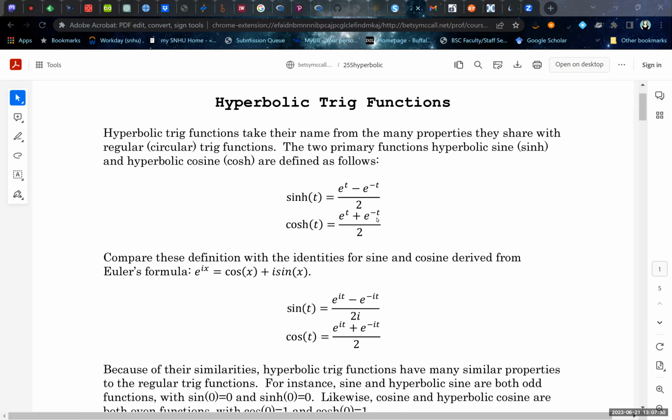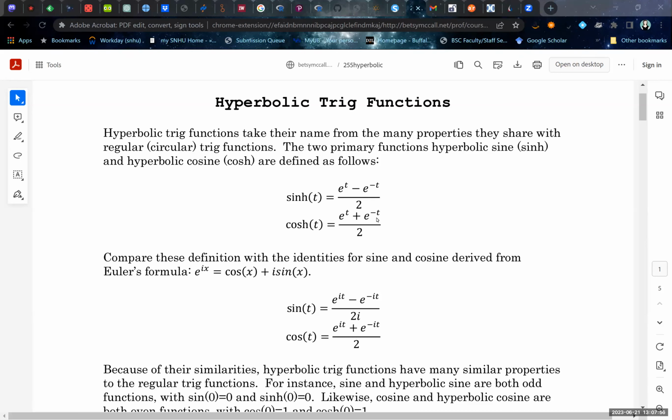Regular trig functions are defined in terms of complex exponentials, essentially Euler's formula, which is, again, something that you may not have run into in calculus. Maybe you ran into it if you dealt with complex exponentials in a pre-calculus course, but which really are central to differential equations.